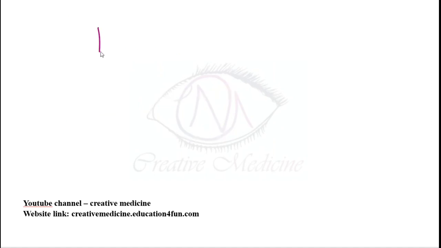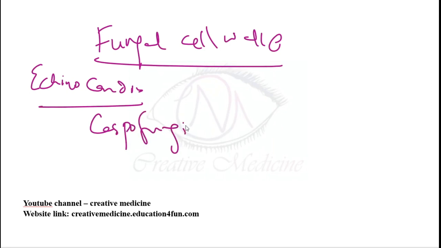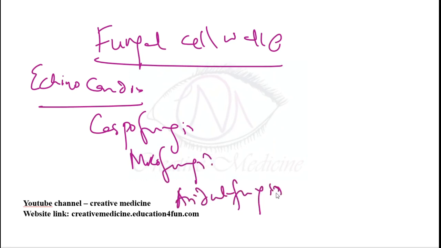Next important are the fungal cell wall inhibitors. Echinocandins are fungal cell wall inhibitors. In echinocandins we have caspofungin, micafungin, and anidulafungin.